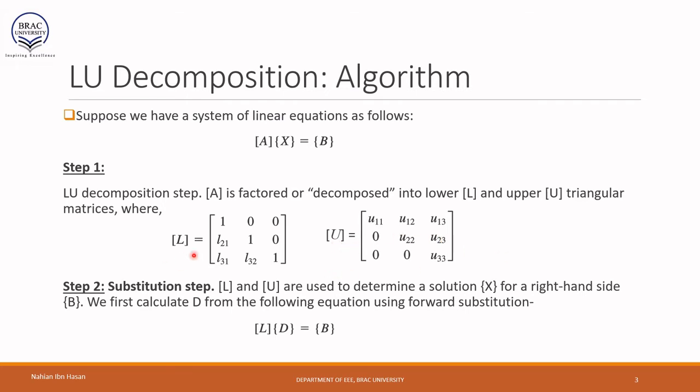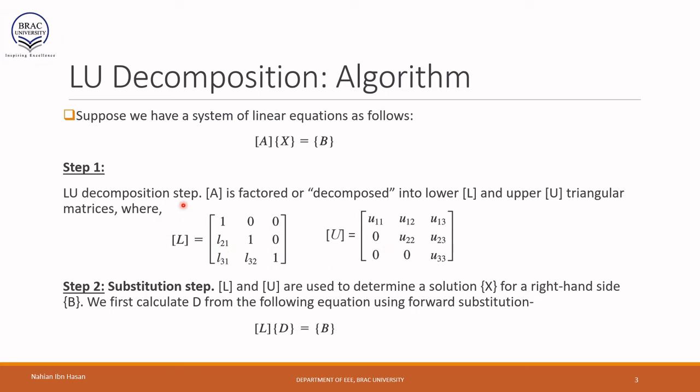If you multiply these two matrices, L times U, using matrix multiplication, then you will get the original A matrix. That's why this is called the LU decomposition technique. L is for lower triangular matrix and U is for upper triangular matrix.